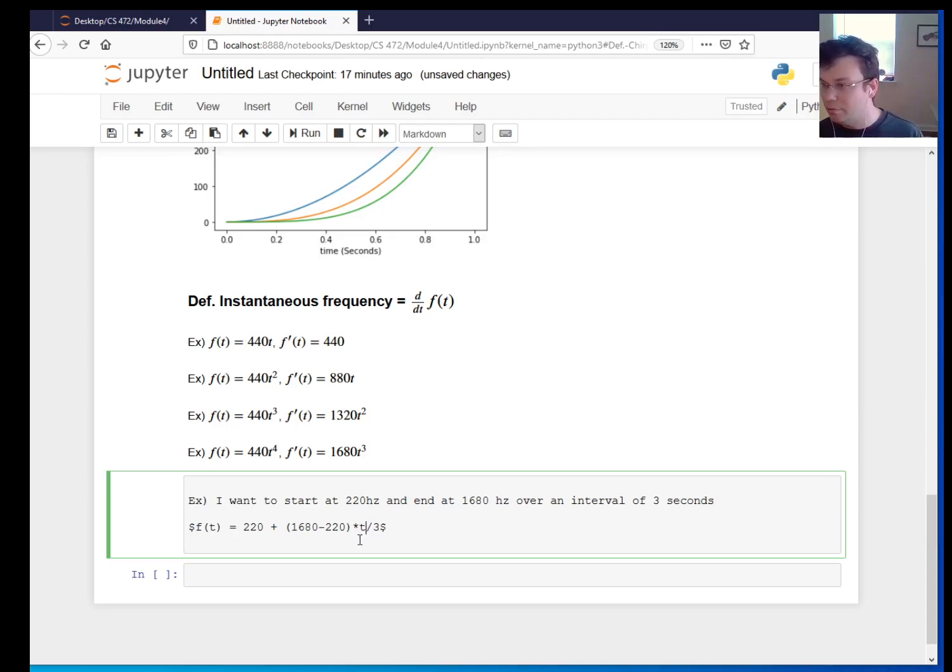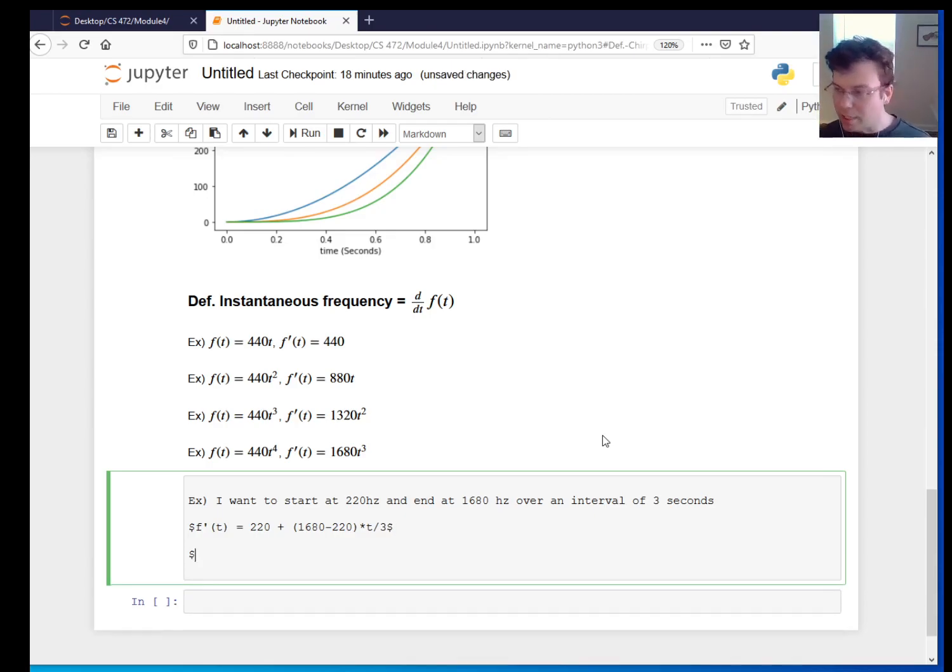So when t is equal to 3, then this will be 1680. When t is equal to 0, it'll be 220. So actually this is the derivative, right? Because we hear the derivative. So our instantaneous frequency should be this. This is what we want. Now to get back to that f function, I have to take the antiderivative. So that ends up being 220t plus, okay, hang on, 1680 minus 220 is 1460.